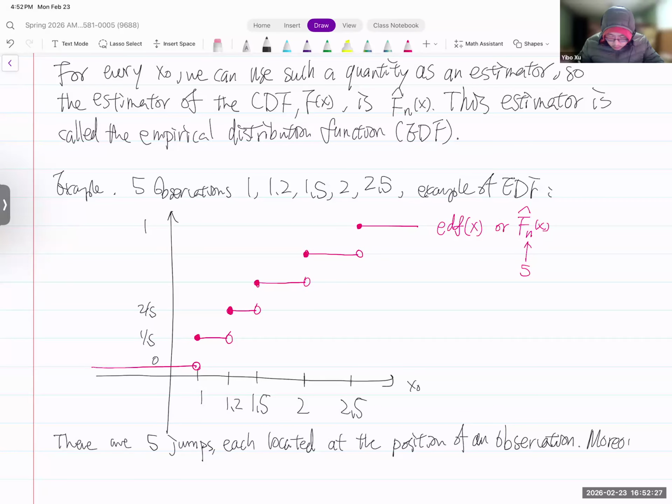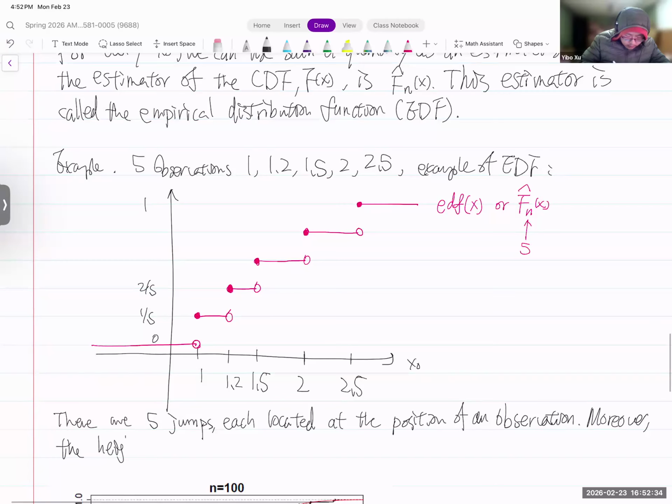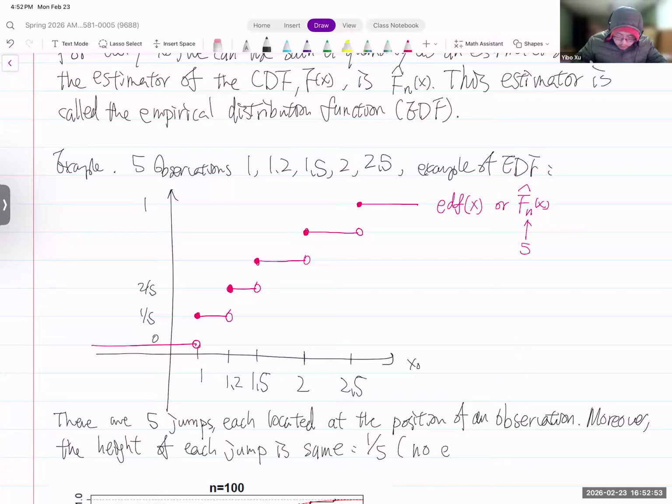Moreover, the height of each jump is 1/5 because we have no repeated observations.